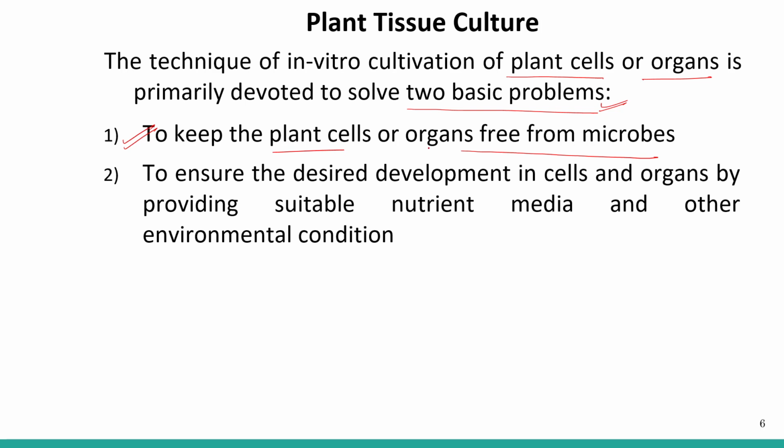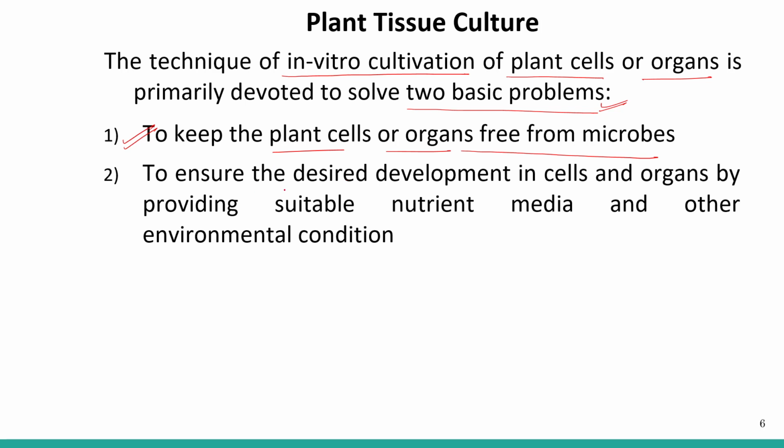That plant cell and organ should not be contaminated while you are doing in vitro cultivation. So you have to keep this in mind. Your laboratory should be aseptic, with no contamination of microbes. The equipment which you are using should be aseptic.